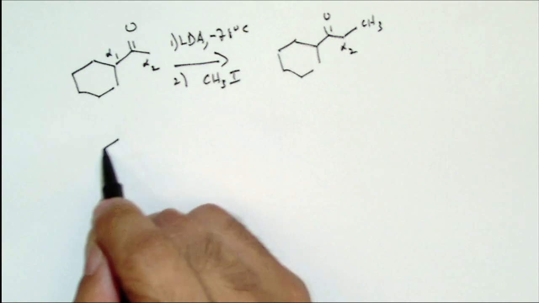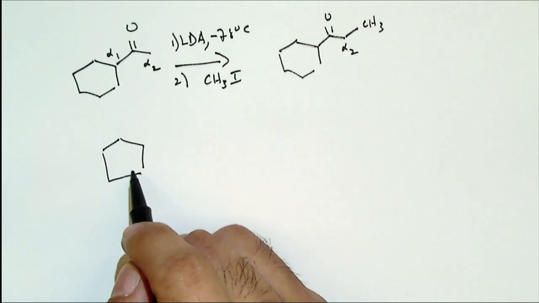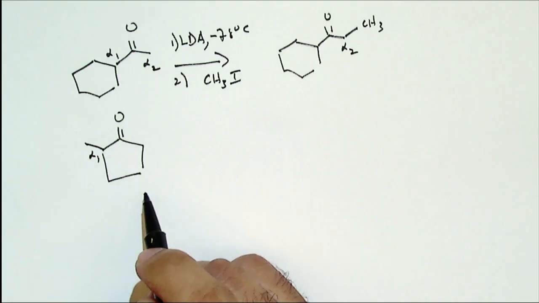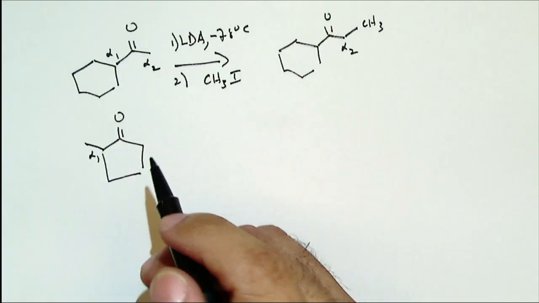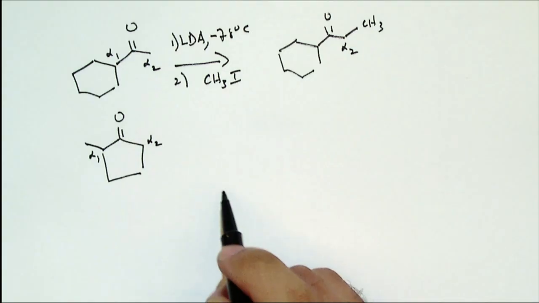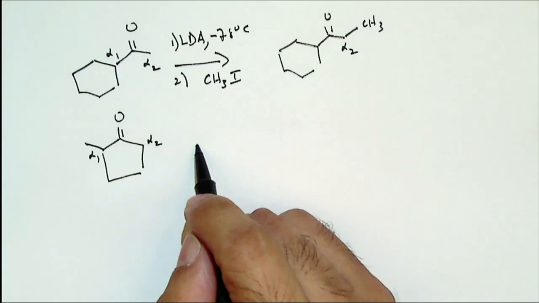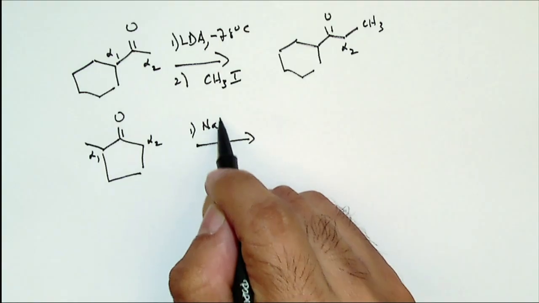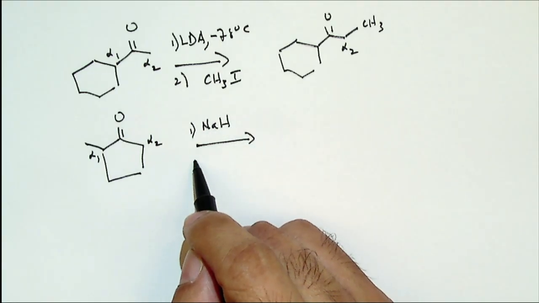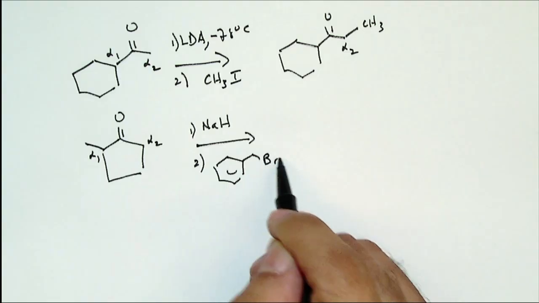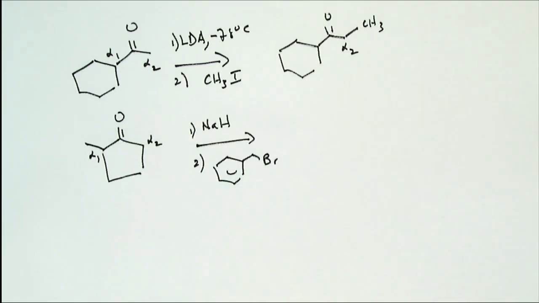If I have an example like this one, in this case, alpha 1 is more sterically hindered, more substituted. Alpha 2 is less sterically hindered. If I were to take this one now, and I'm told I treat this with sodium hydride as the base, and I'm adding benzyl bromide, which is a primary alkyl halide.